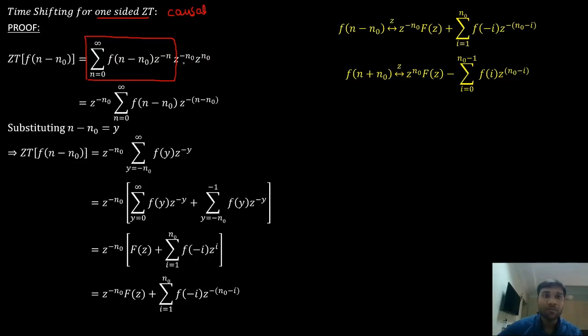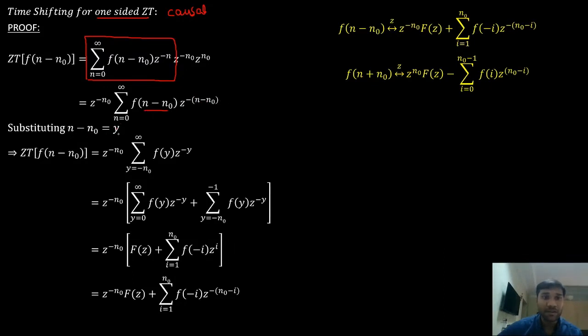Now z to the power minus n naught, I'm taking outside the summation, and inside the summation I have f of n minus n naught times z to the power minus (n minus n naught). Now I'm substituting n minus n naught equal to y.